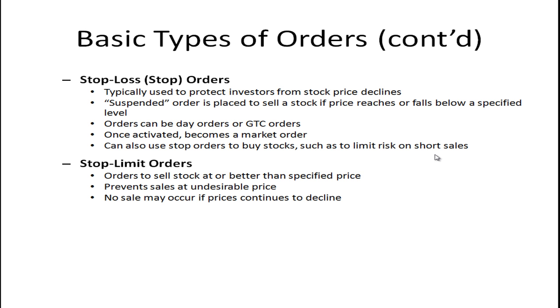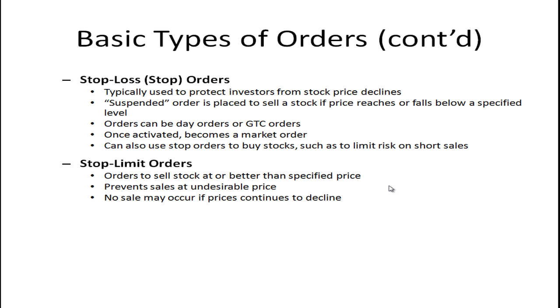If you're worried that the stop loss order, when it kicks in, is going to get you a poor price if the price is falling rather quickly, you might put in a stop limit order. In this case, it's an order that says it kicks in once the price hits that price you specified, but they can't sell it at a worse price.